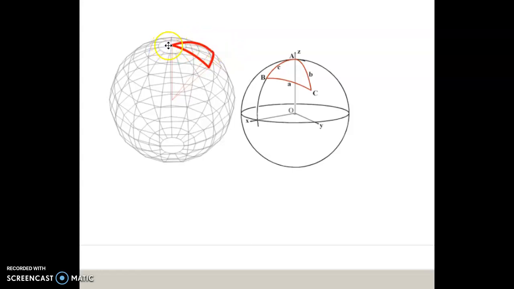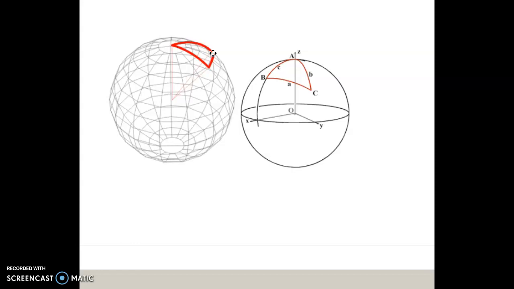From the North Pole, go down one of the longitude lines. A globe has lines going longitude, going from one pole to the next pole. Just imagine you have a line going from the North Pole till New York City.